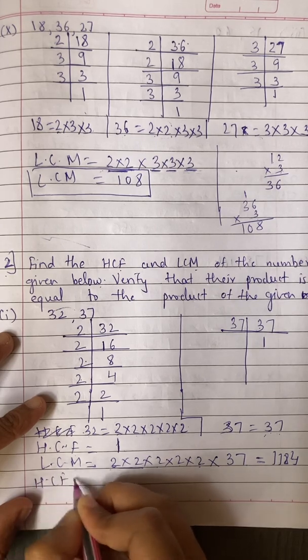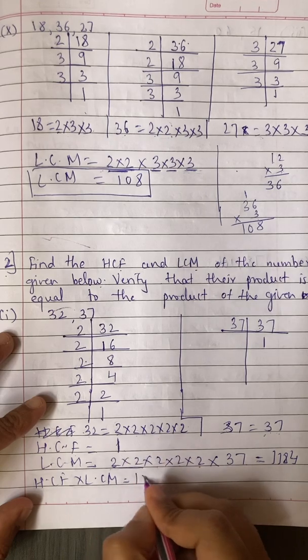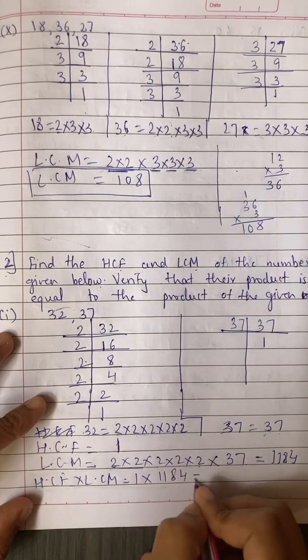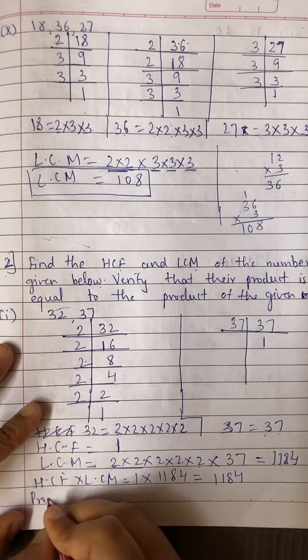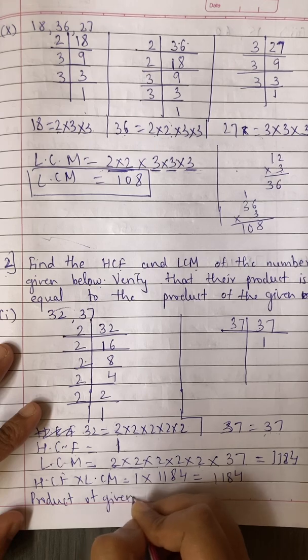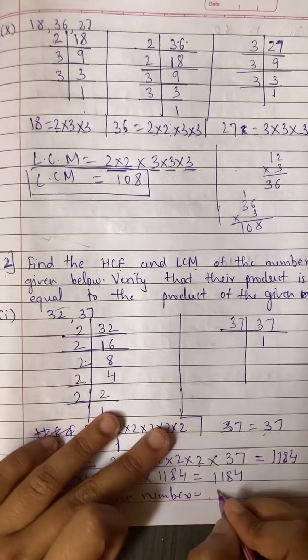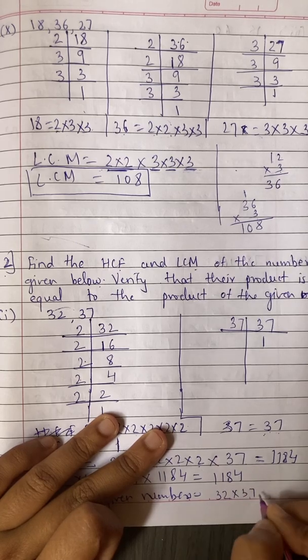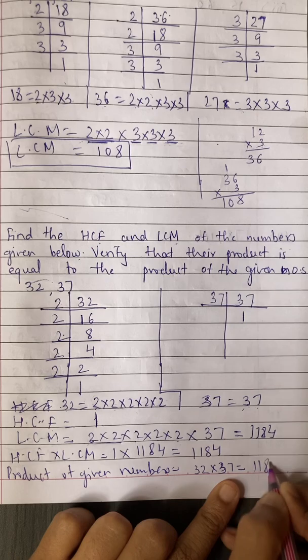HCF into LCM will be equal to 1 into 1184, which is equal to 1184 only, and you have to find out the product of the given numbers also. So which are the two numbers given in the question? 32 and 37. So 32 into 37, if you find out by multiplication, you will again get 1184.